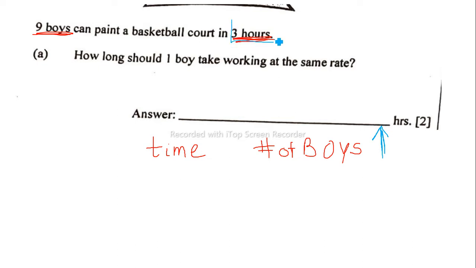If we were to increase the number of boys that are painting the court, what do you think is going to happen to the time? Would it take more time or less time? It'll take less time, right?